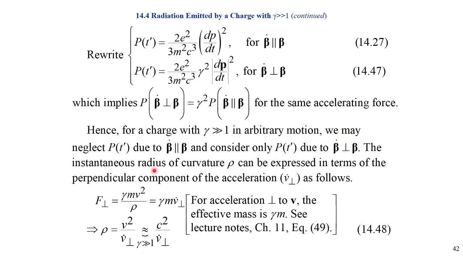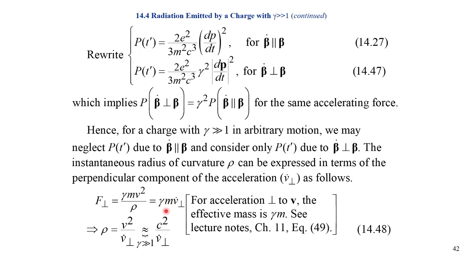The instantaneous radius of curvature rho can be expressed in terms of the perpendicular component of the acceleration, v perpendicular dot, as follows. The force is gamma m v squared divided by rho. Gamma m is the effective mass, or the relativistic mass. m v squared over rho is non-relativistic, but we have gamma, so it is relativistic. So gamma m v perpendicular dot.